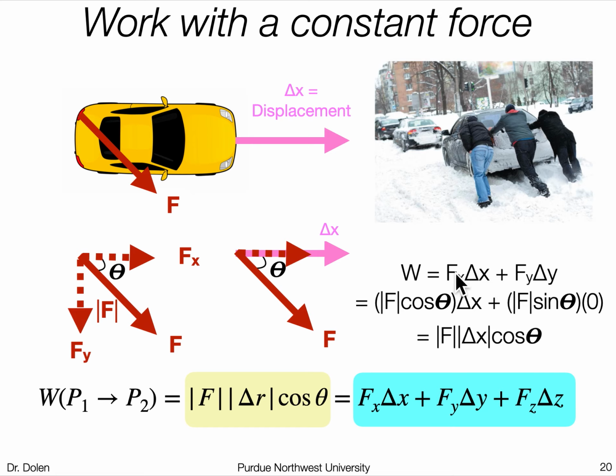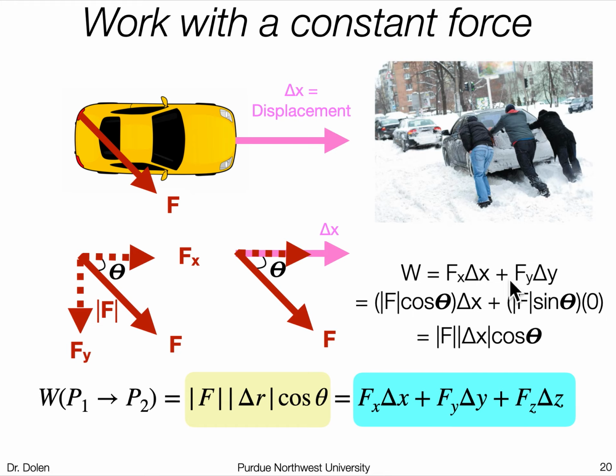The x component of my force is just my force cosine theta, because this component is adjacent to this angle, right? And my y component of the force is F sine theta, so that's opposite that angle. But I'm only moving in x, so my displacement in y is just 0, right?